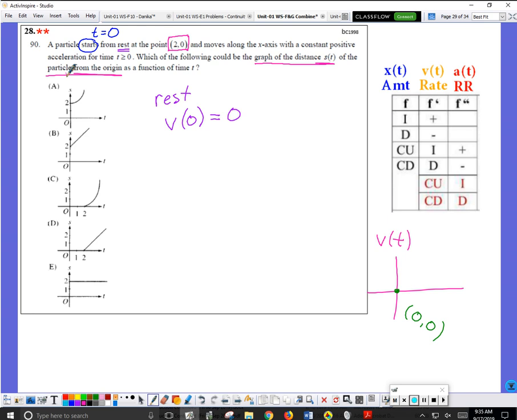I am -20 from the origin. So when they say which of the following is a graph of the distance, that's the same thing as saying position. Distance from the origin and position are the same thing. If that doesn't click, wave at me so we can talk about it more until it does. A graph of distance from the origin is no different than a graph of position.